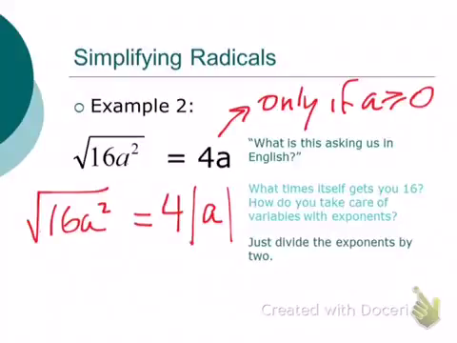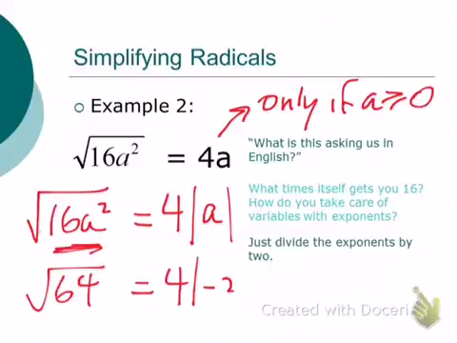Even if a was negative 2, on the left side we would get the square root of 64, which is positive 8. On the right side, we get 4 times the absolute value of negative 2, which is also positive 8, and we're good. So it checks, and we do that to protect the definition of the principal square root. The principal square root, by definition, must be positive.